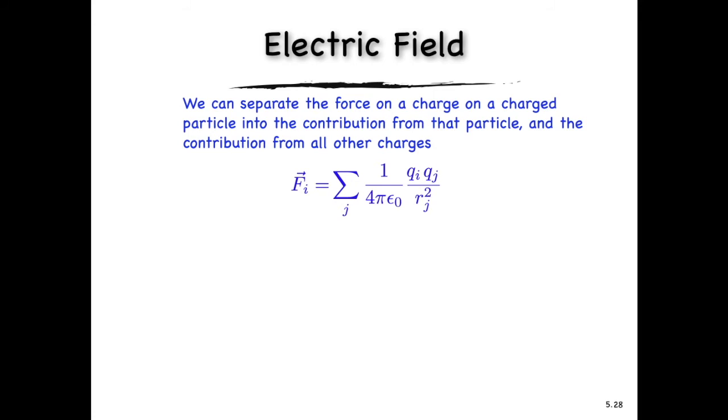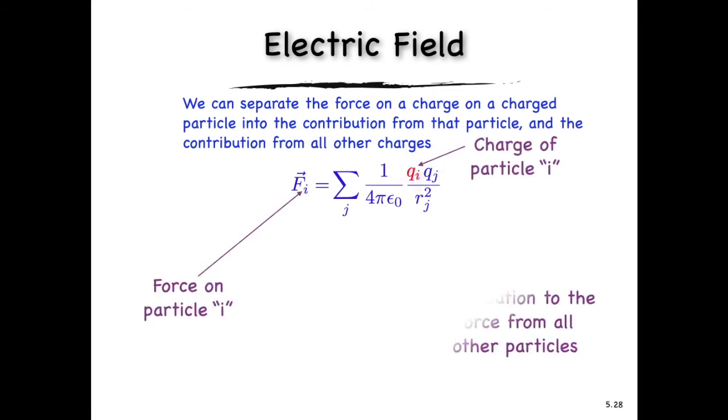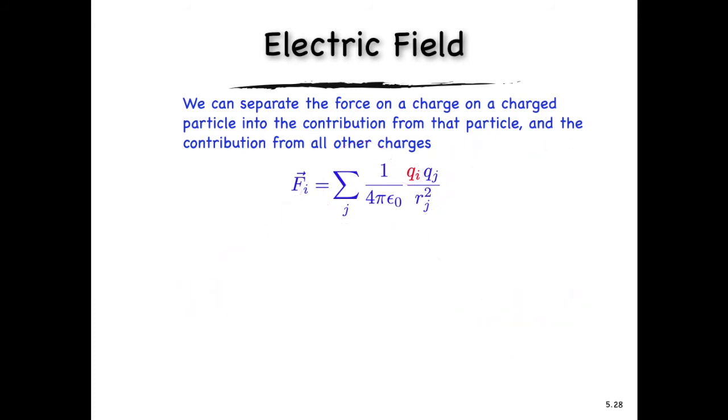Okay, so if that's the force that a charge q sub I, our test charge, will feel at a certain point in space, then we can identify all the things in this expression that aren't related to q sub I. They're related to the surrounding charge distribution. And those things can be factored out.